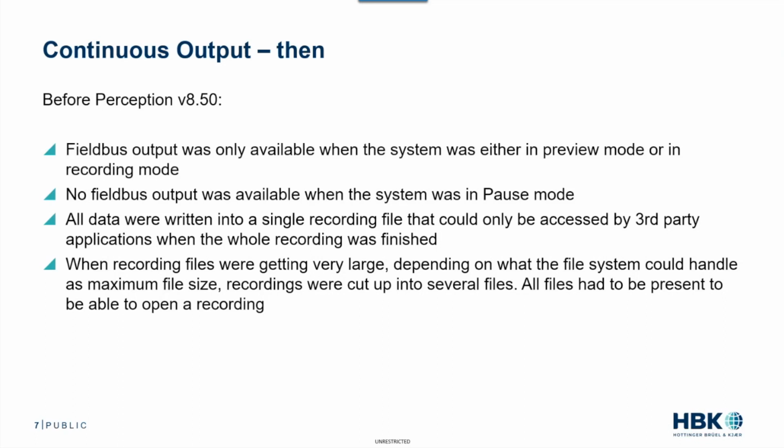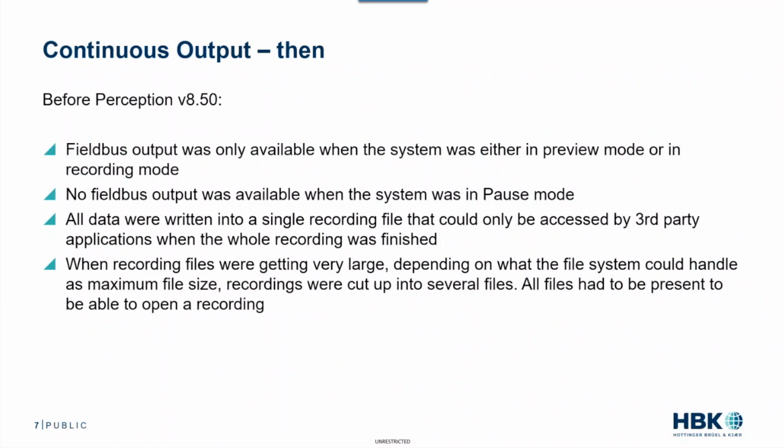In addition, that recording file was always one file for every acquisition, and that file wasn't released by Perception until the recording was complete. And if those recording files got very large, you could divide the file up into multiple smaller files only based on the formatting of the file format, the disk where the data is being saved.